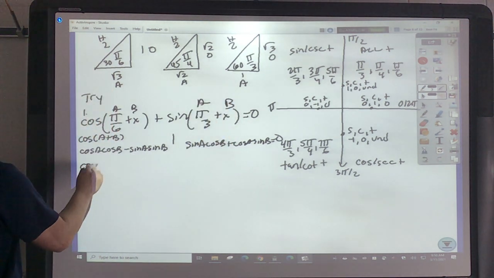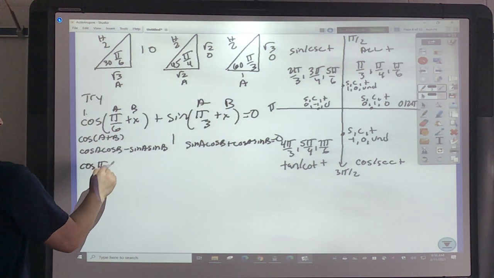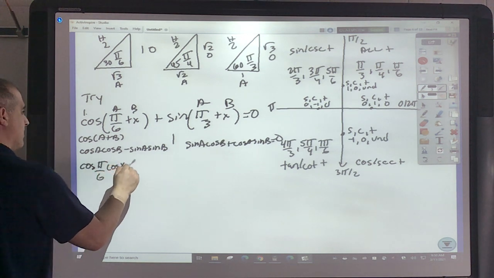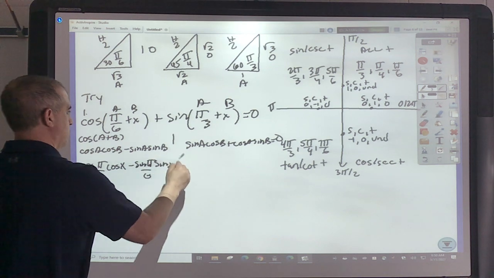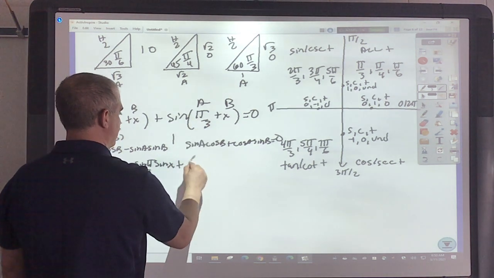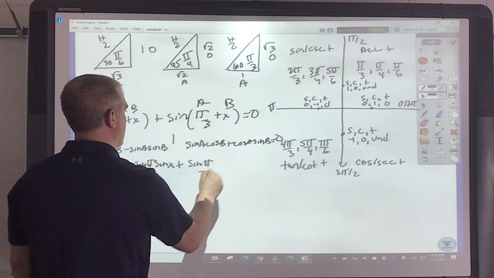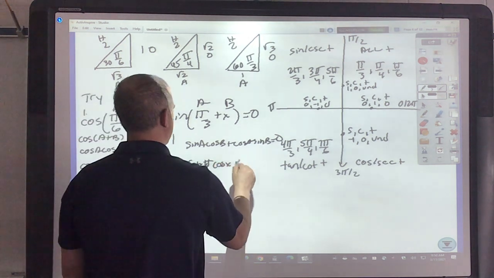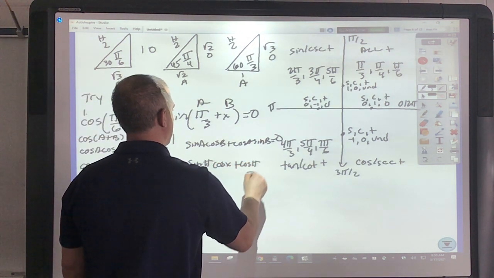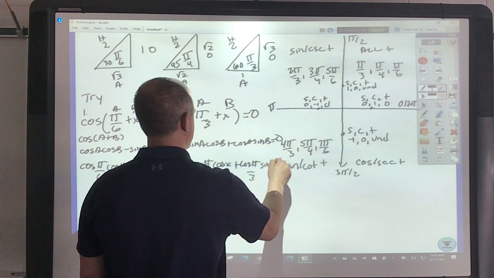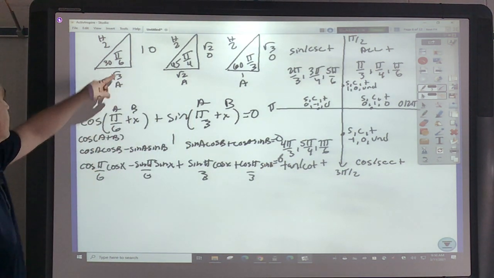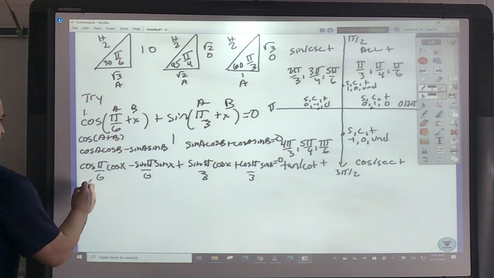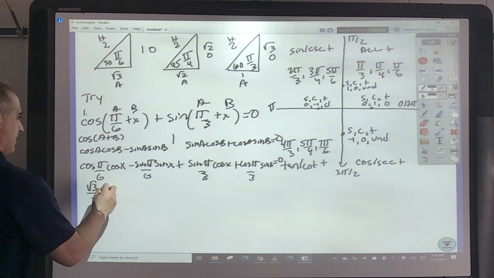So I got cosine pi over 6, cosine of x, minus sine pi over 6, sine of x, plus sine of pi over 3, cosine of x, plus cosine of pi over 3, sine of x equals 0. Cosine of pi over 6 would be square root of 3 over 2, cosine of x.